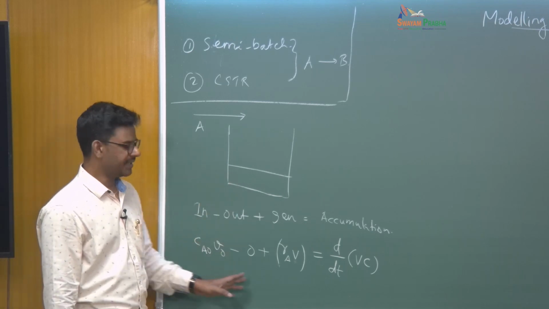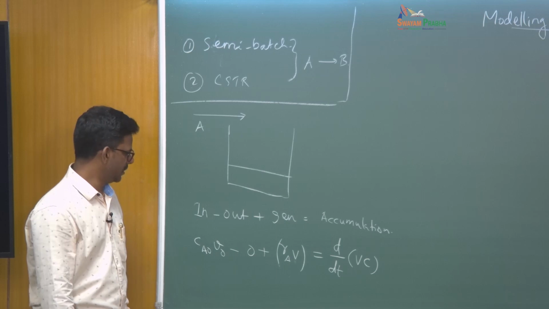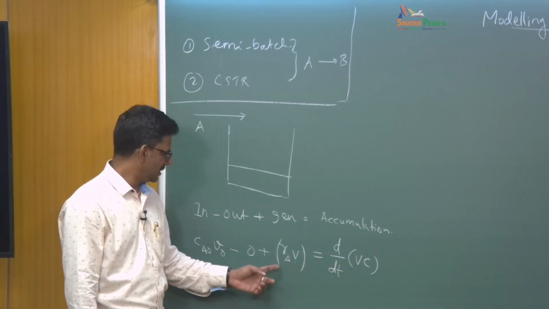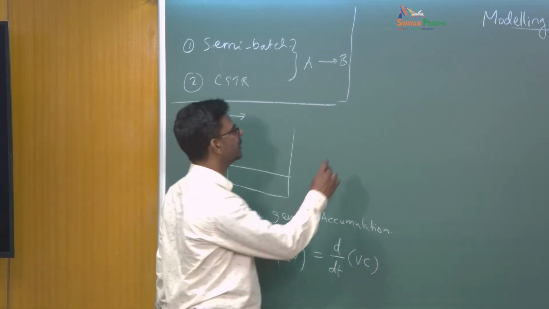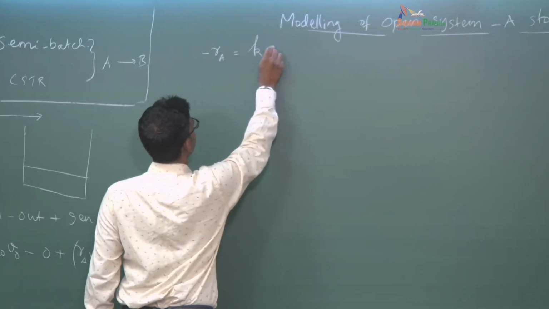So you would write this kind of mass balance equation. Now it's all about how we write the V and RA and so on. So here minus RA is given as some k CA.